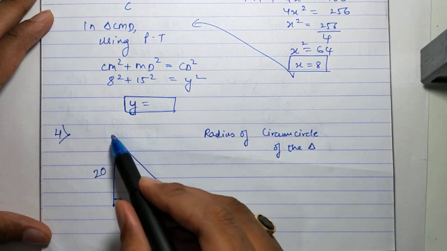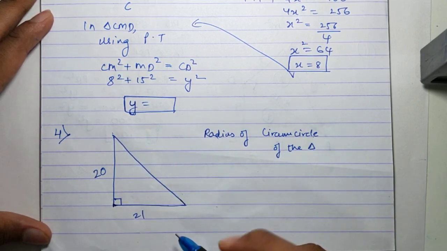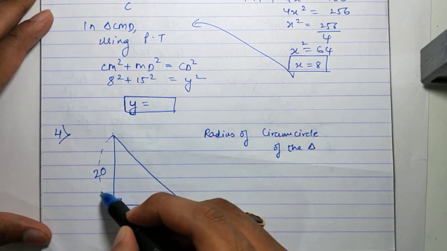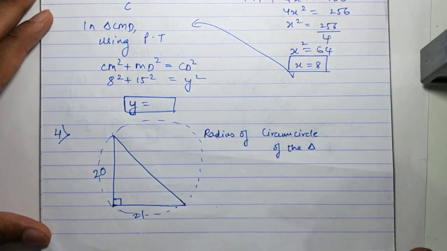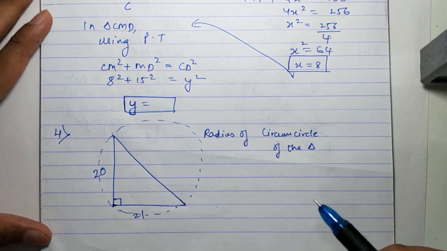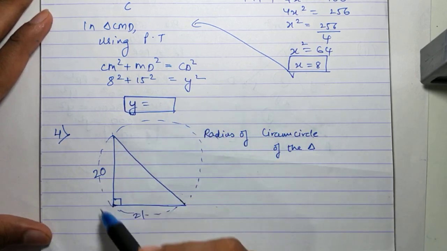Circumcircle का मतलब है इस triangle के points को join करके if I make a circle, let's say if I make a circle like this, you have to find the radius of this circle.